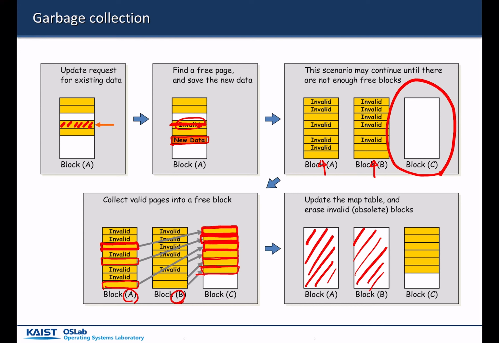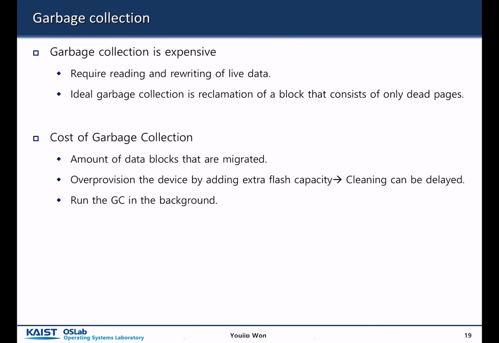As you can see, garbage collection is very expensive. You have to copy the valid pages, and then you perform the erase operation on the 2 physical blocks. So garbage collection is expensive. It requires reading and rewriting of the live data.